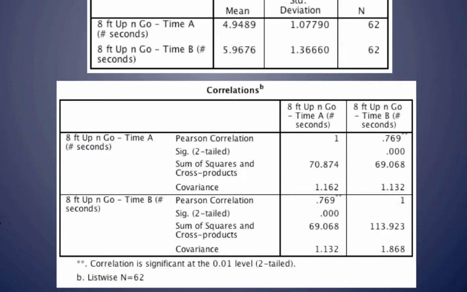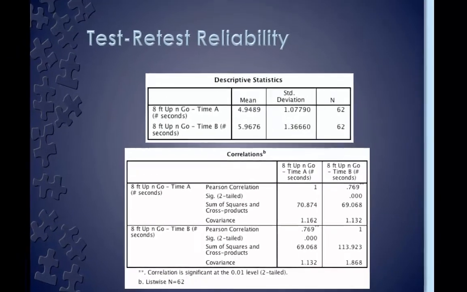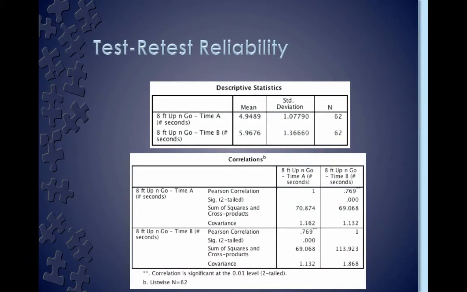But again, when we're looking at r, which here is 0.769, we are not interpreting our test-retest reliability to be strong, direct. We want to talk about it in terms of, is it reliable, yes or no? And we'll see in a little bit, how do we determine if a test is reliable, yes or no, based upon the type of reliability measure we're doing.